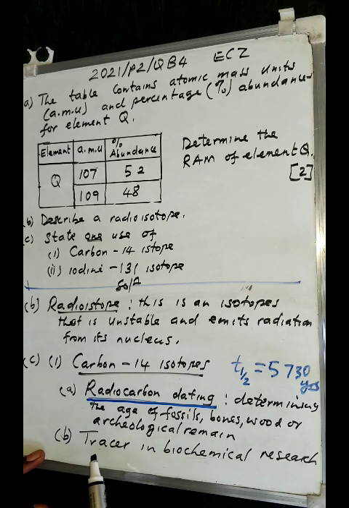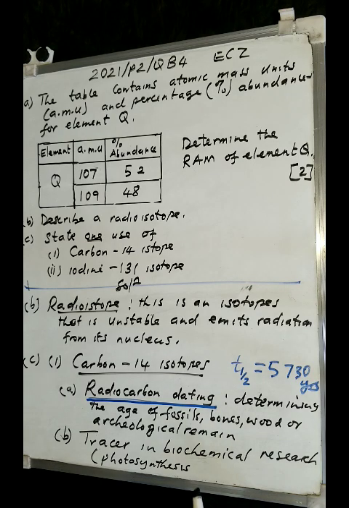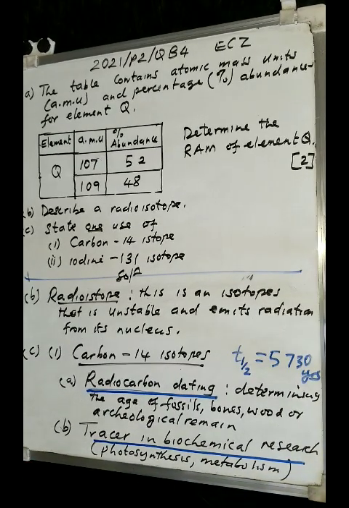For example, if they want to study how plants carry out photosynthesis, how those biochemical reactions take place, or it could be metabolism studies, they can use carbon-14 isotopes. So they are used as tracers in biochemical research. You could have given any of that. The question was saying just one.